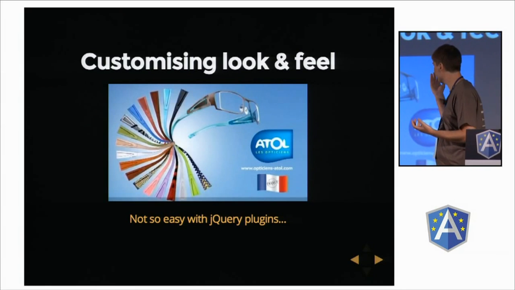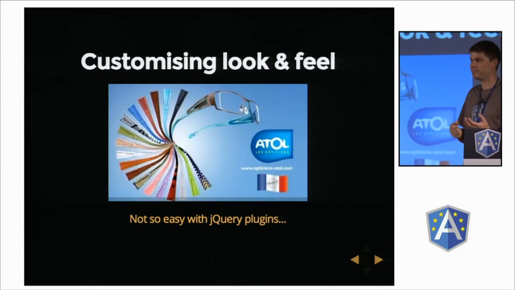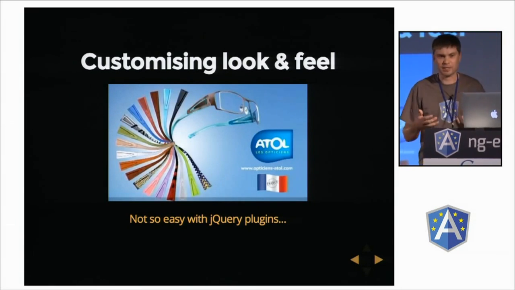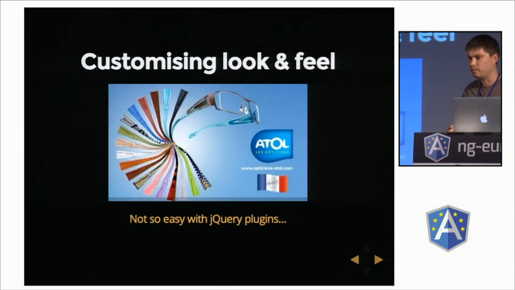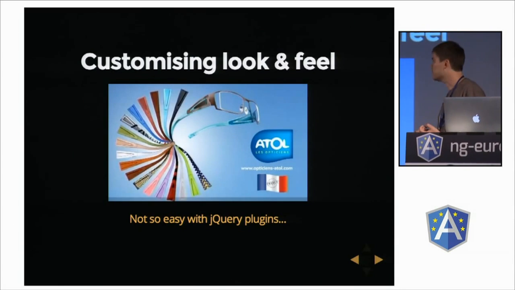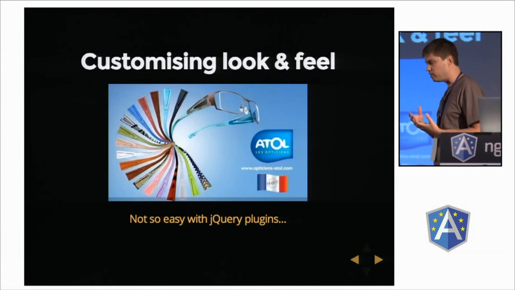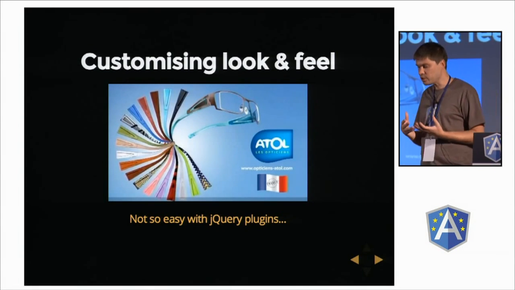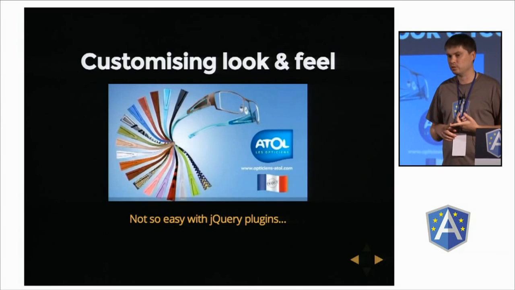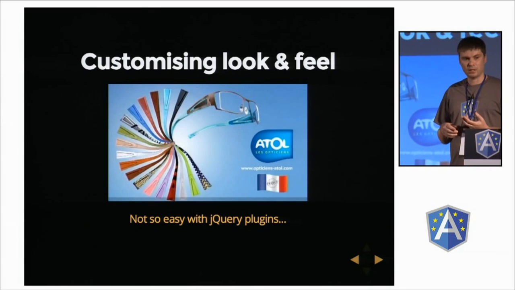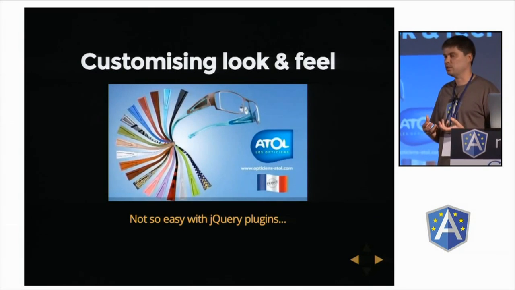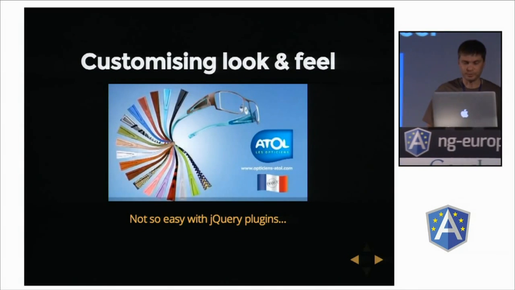So we've got this company in France called Atoll that has a whole marketing strategy for the product built around this visual customization. And when we think about directives and changing the markup or the look and feel, obviously we can do a lot with CSS. But sometimes CSS is not enough and we would like to change some markup. So it seems like an obvious thing to do.